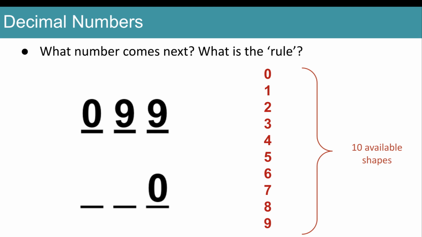And so if I were to put a 1 in the next place value, that would give me a 1 and a 9, which would be 10. And so I can't represent the number 10 using only 1 digit, so I have to assign that place a 0 and then carry the 1. So I'm going to go to the next number after 0, which is 1. And that's the same thing that you should have come up with the circles and squares.